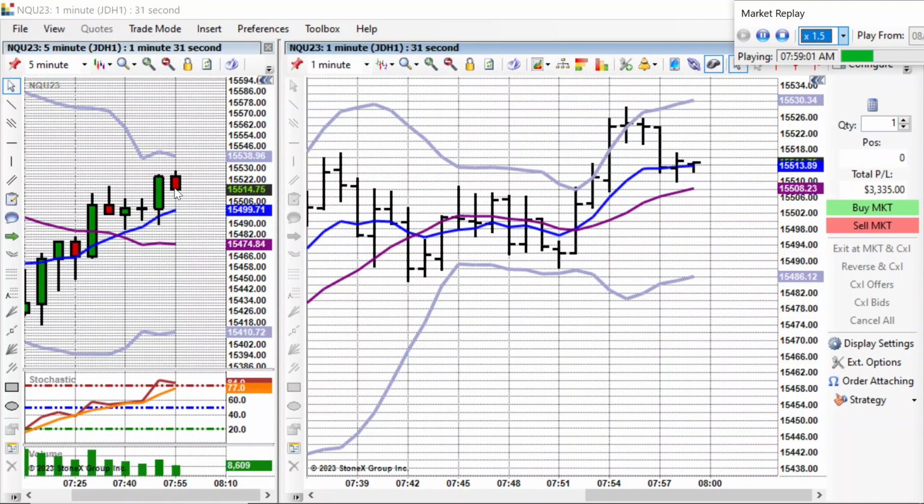What I would be doing in a live market, this timer would be more accurate. Right now it's showing me what the market is doing, but it's not accurate to the replay. But in a live market, I would be looking at that countdown timer because I want to trade the next candle up through the close of this 5-minute chart here.